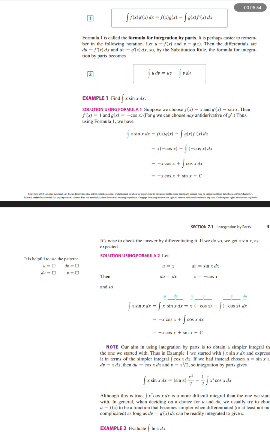Back to the solution using formula 2. Let u equal x, and then du equals dx, and dv equals sine x dx, and v equals negative cosine x.